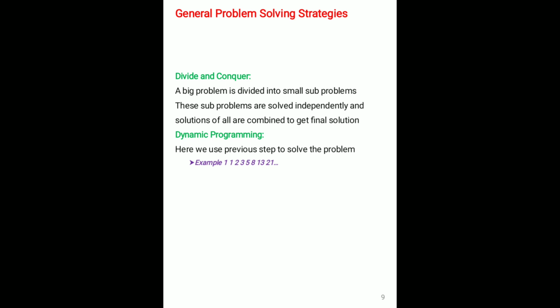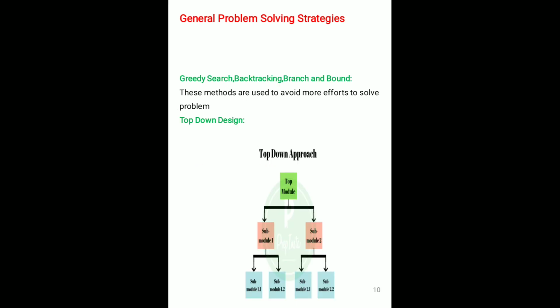So it is nothing but the Fibonacci series. By adding the current number to the previous number, we get a sequence of numbers that has some pattern within it. So this is called dynamic programming.